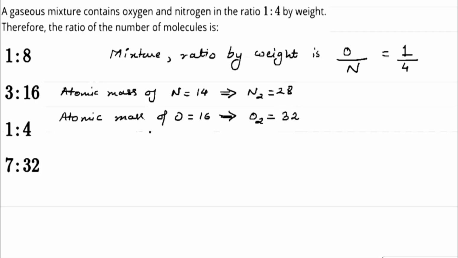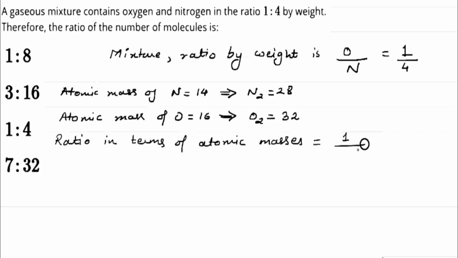Now, according to these masses and the ratio by weight which has been given, let us incorporate it and give the ratio in terms of atomic masses. So the ratio in terms of atomic masses will be equal to 1/32 is to 4/28.